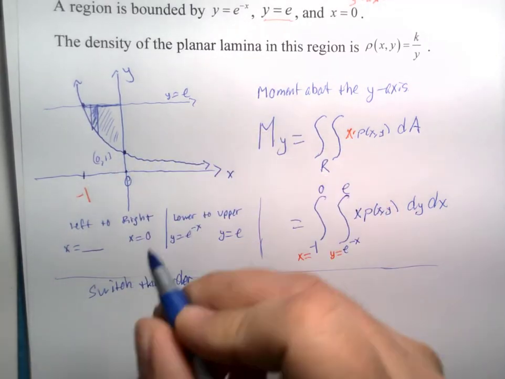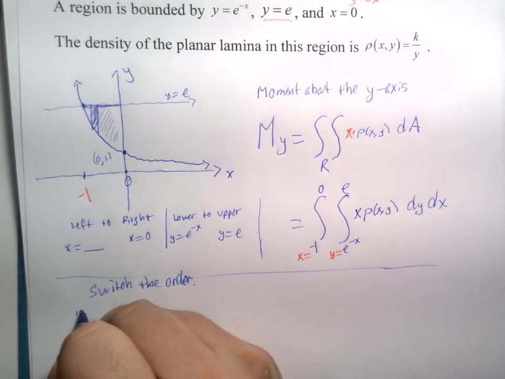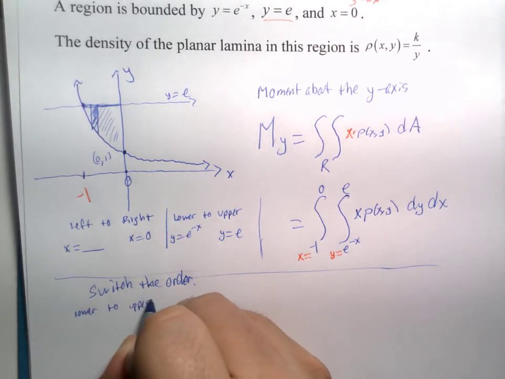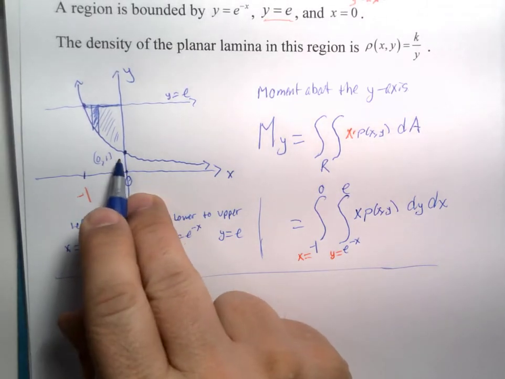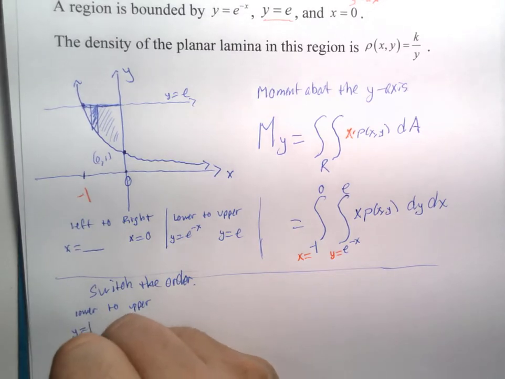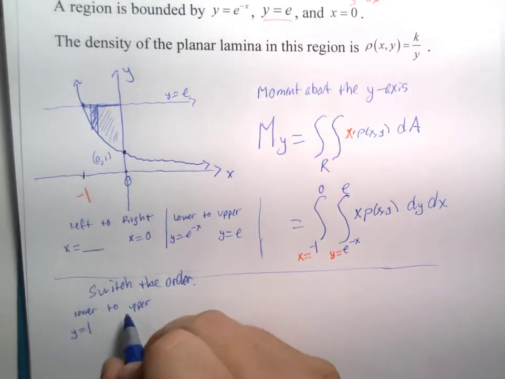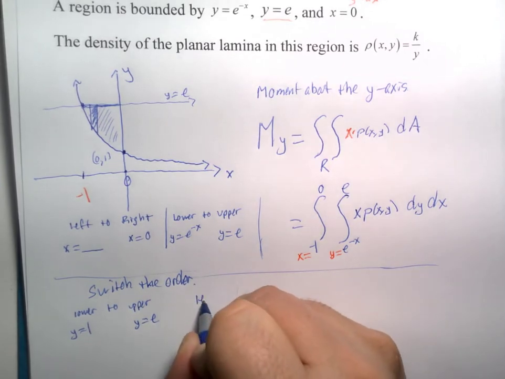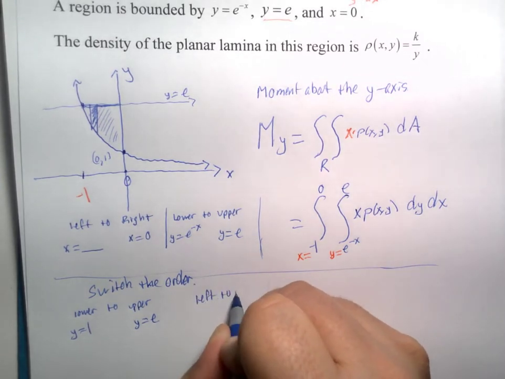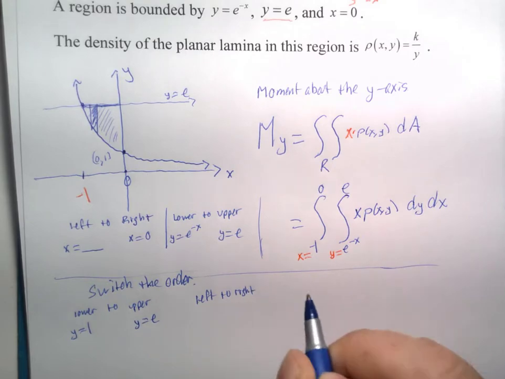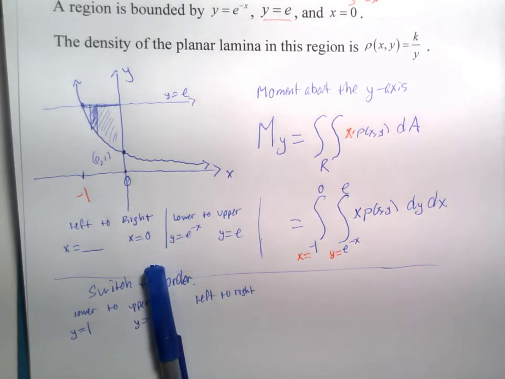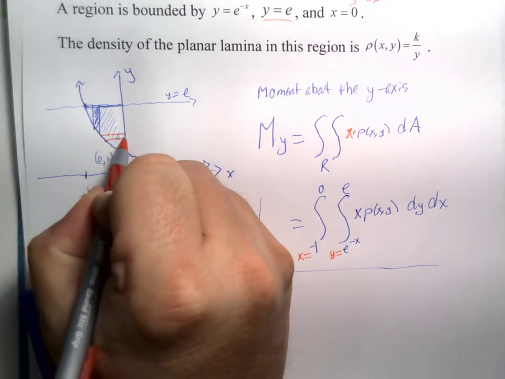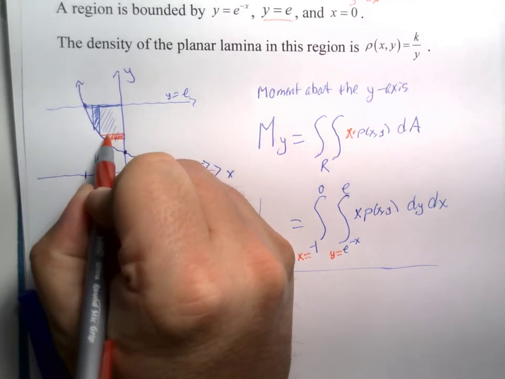So my y boundaries, lower to upper, the lowest y value is 1, and the highest y value is e. And then in the left to right sense, I'm using the same picture, forgive me for not taking time to draw up another one.